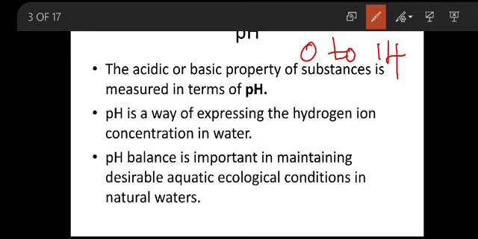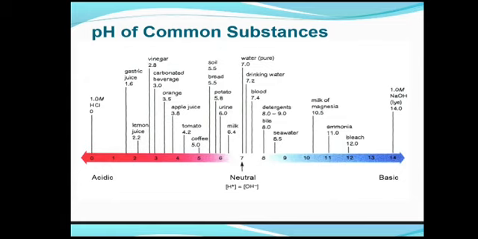This numerical pH scale will help me identify whether the solution is acidic, basic or neutral, considering the hydrogen ion concentration present in the substance. You can understand it better in the next slide.